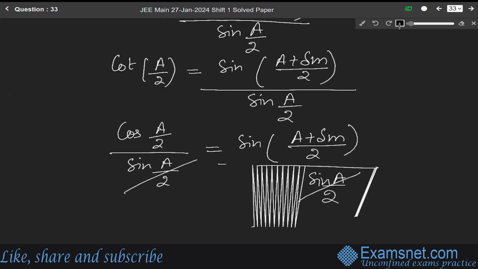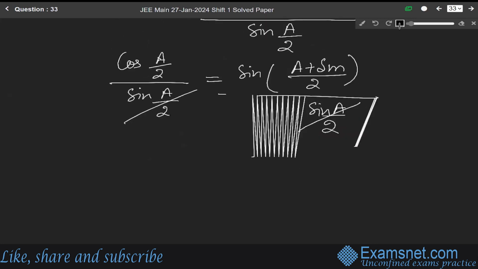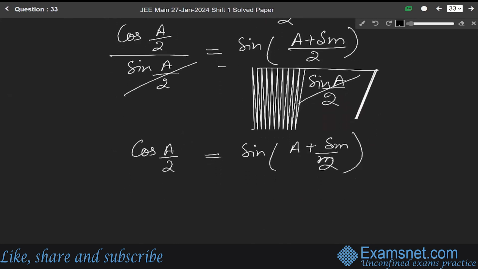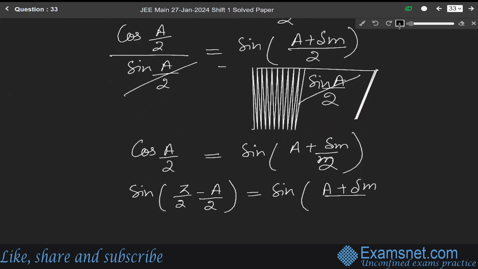Now since sine A by 2 cancels out, cos A by 2 equals sine of A plus delta m by 2. Now cos A by 2 equals sine of pi by 2 minus A by 2, which equals sine of A plus delta m by 2.